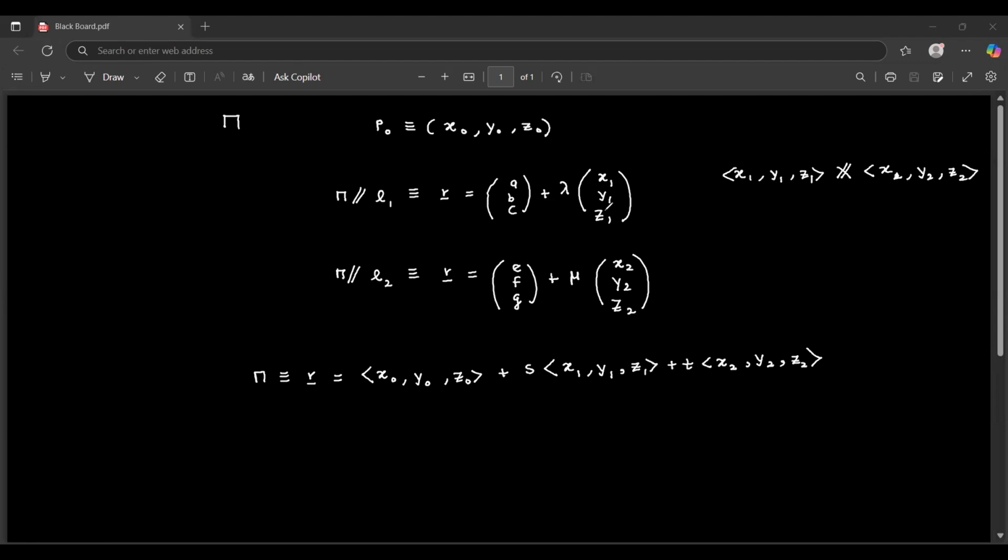This is the general idea in these types of questions. You have to keep that in mind when you're doing a question like this.